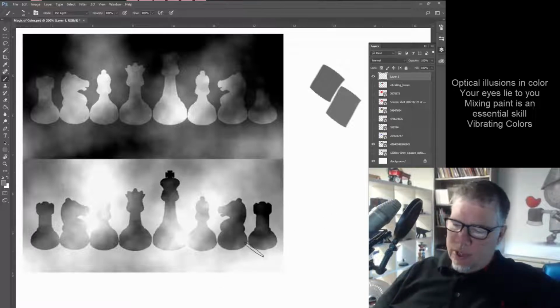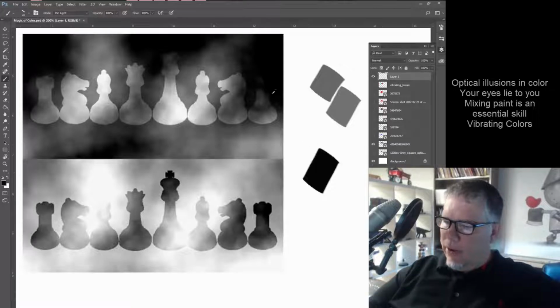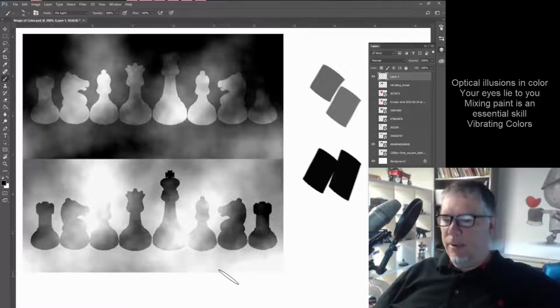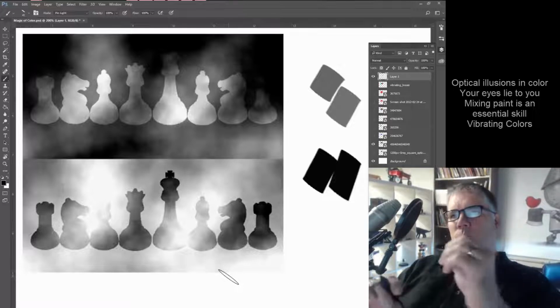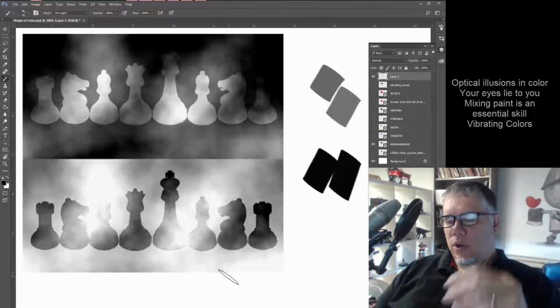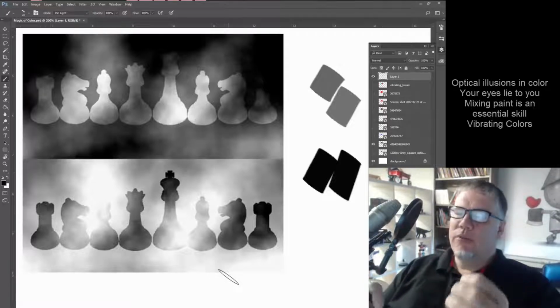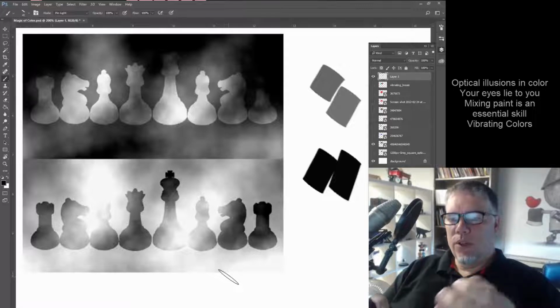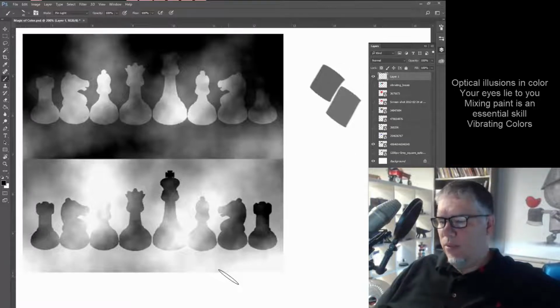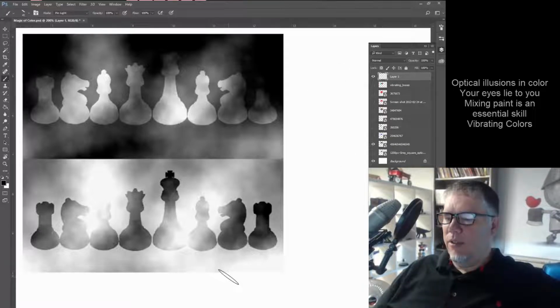Now this one's got a lot of value variation, but this is black right here, and the top of that one's also black. But it's an optical illusion again, because your perception of color and value is going to change based on what those colors and values are around it. And again, this is why learning how to mix paint is so important, instead of taking a mechanical approach.